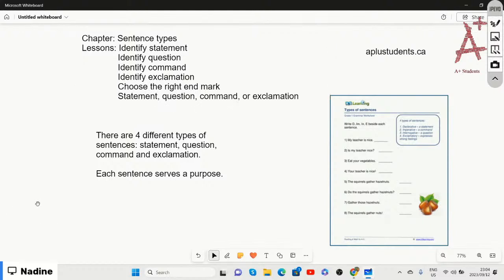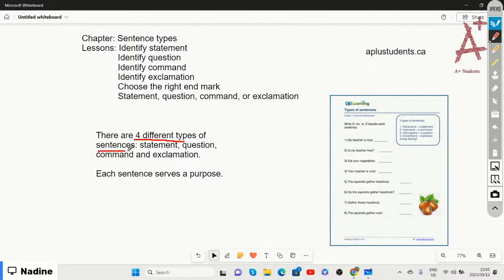All right, so when it comes to sentence types, there are four different types of sentences. We have a statement, a question, a command, and an exclamation.